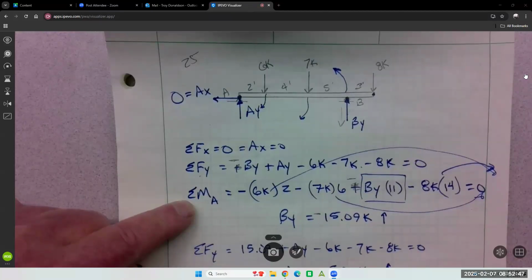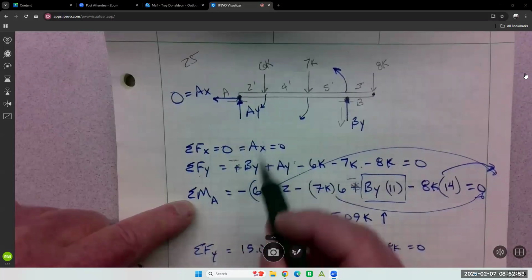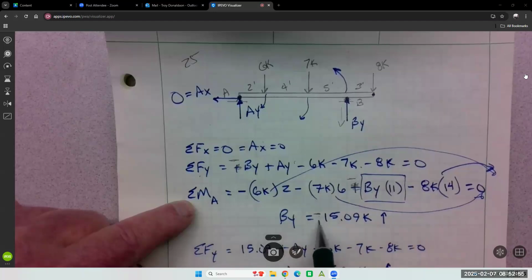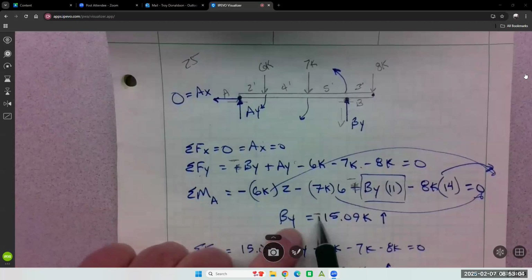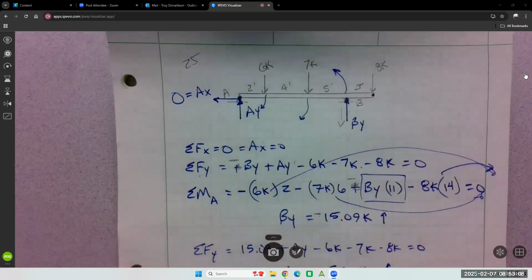The number is good. But if you come up with a negative, when you run any of these equations and you come up with a negative, that means whatever you guessed at is incorrect. BY is the wrong direction. That's what that negative is telling you. It's not telling you BY is in the negative direction.